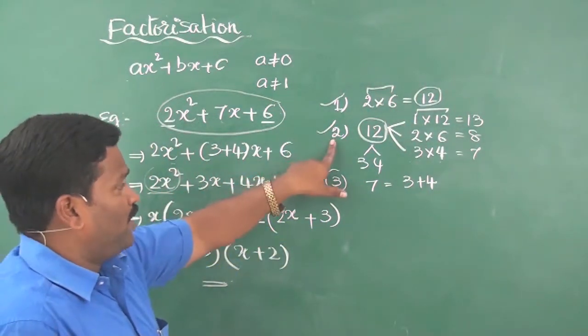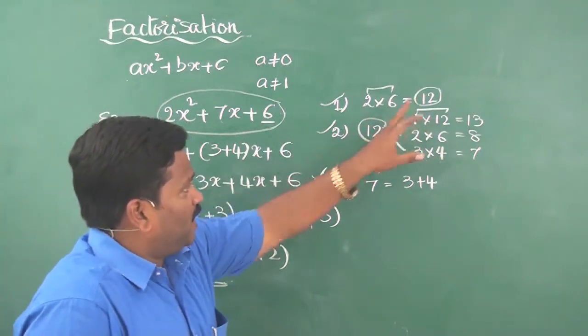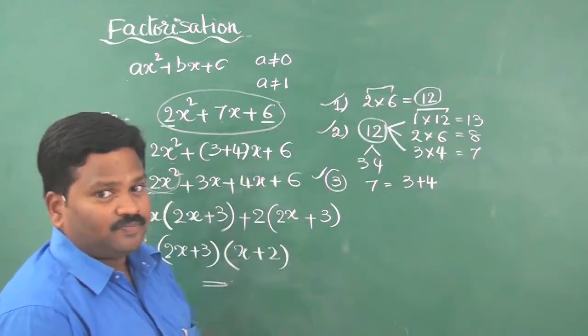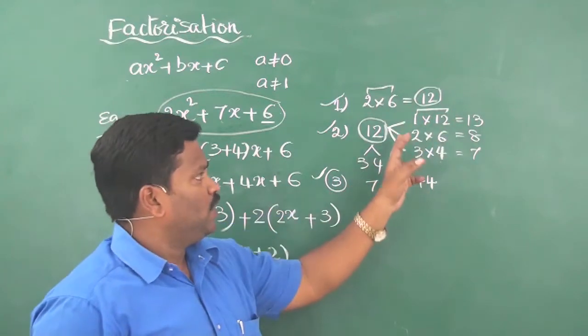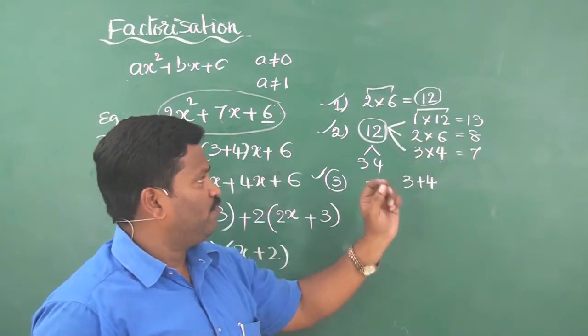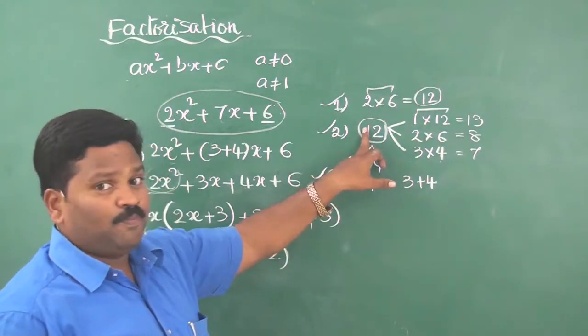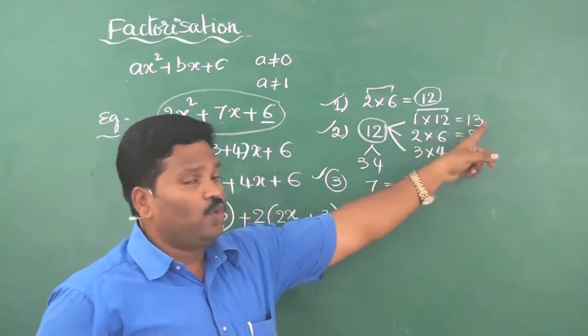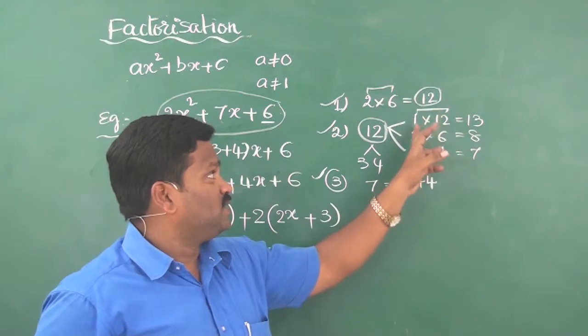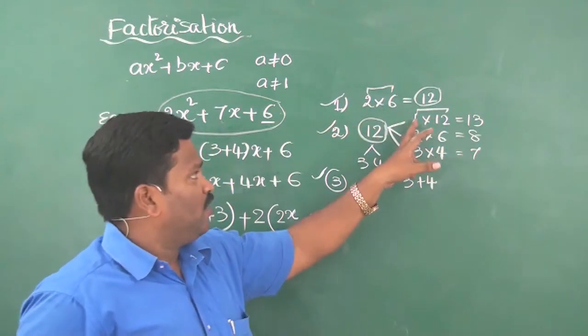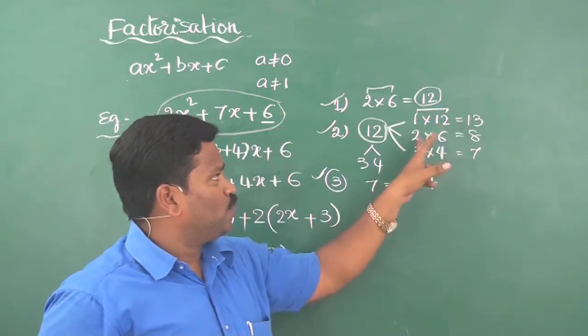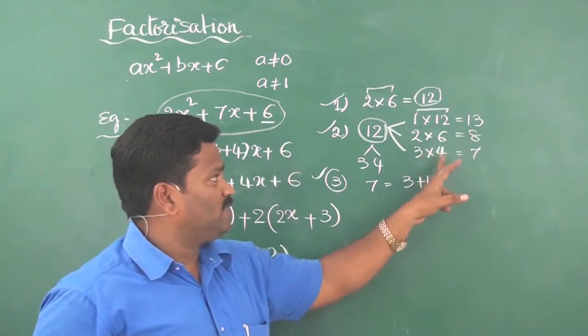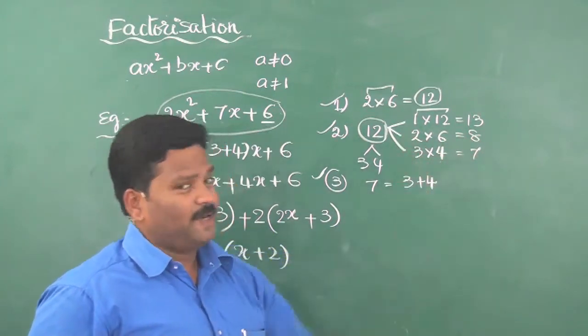Then the second step is, for this product, let us take the factors. 1 into 12, 2 into 6, 3 into 4. Since 12 is a positive number, we should take only the sum of the factors as we did before. 1 plus 12 is 13, 2 plus 6 is 8, 3 plus 4 is 7.